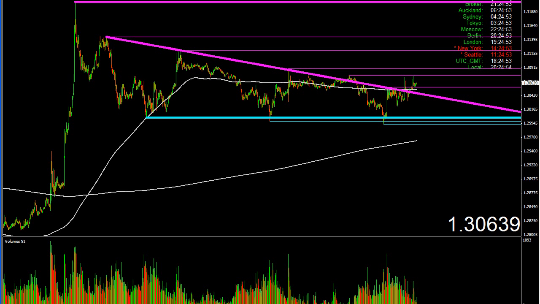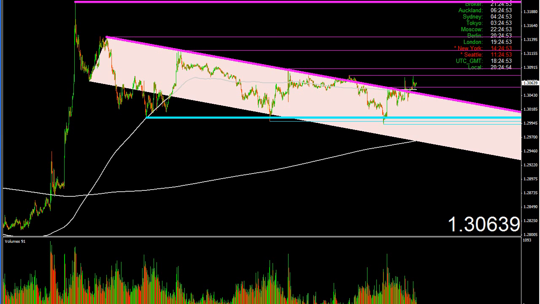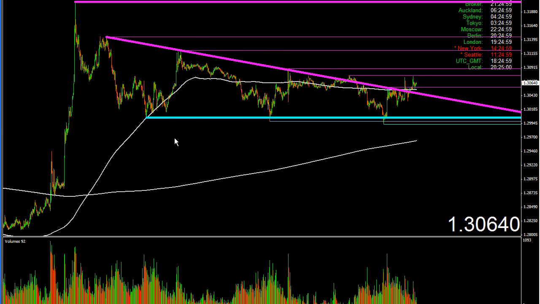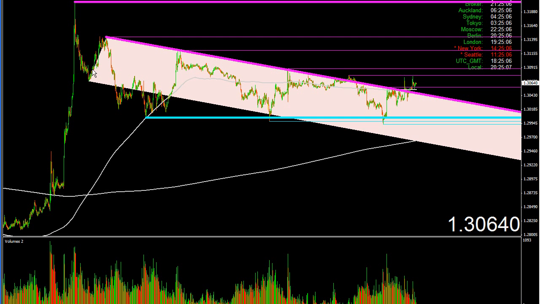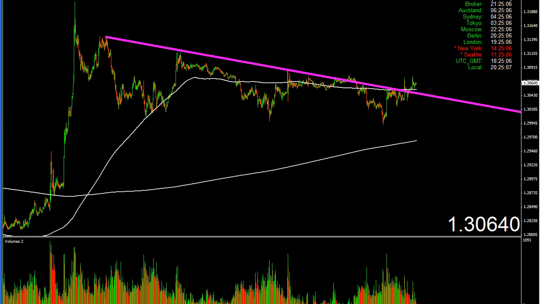From a technical point of view, we can create this downside line, as we started this video. Here we can also create this trend channel, as we got on Wednesday this spike and this low, and then this reaction.